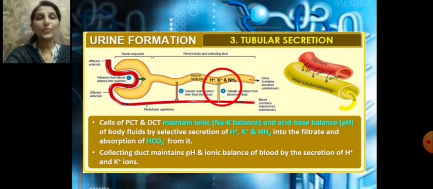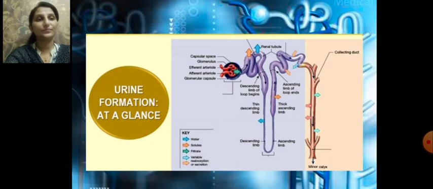So in addition to reabsorption of some amount of the electrolytes, secretion of H+, K+, and ammonia is also being done. Why? In order to maintain the ionic balance and the pH of the body fluids. So the collecting duct maintains the pH and ionic balance of the blood by secretion of H+ and K+ ions.